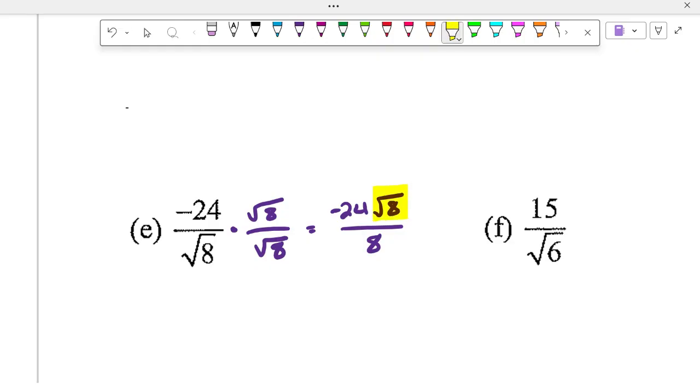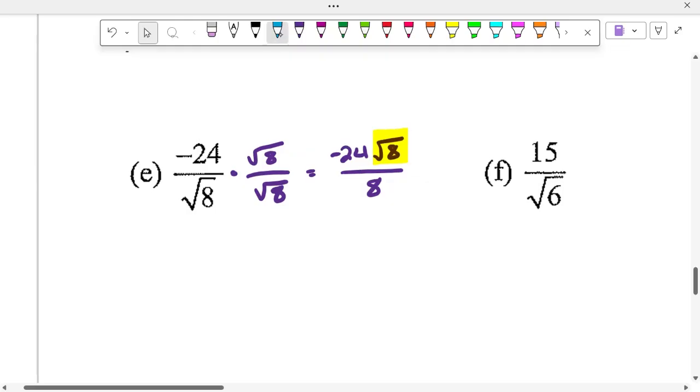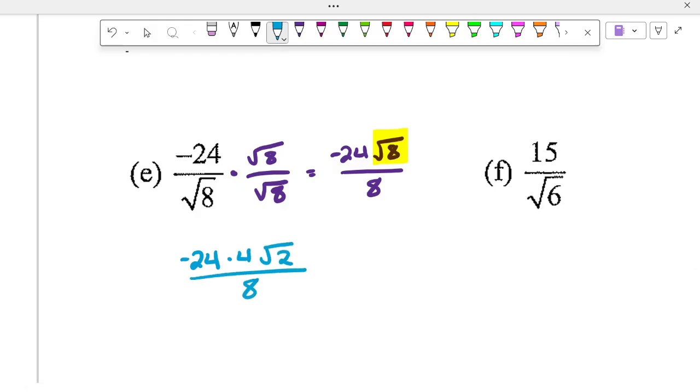I can simplify it further. What can I simplify the square root of 8 down to? 4 square root 2. So this is now negative 24 times 4 square root of 2 all over 8. And what's negative 24 times 4? Negative 96. This is negative 96 square root of 2 over 8. Now, do you think I'm done simplifying here?